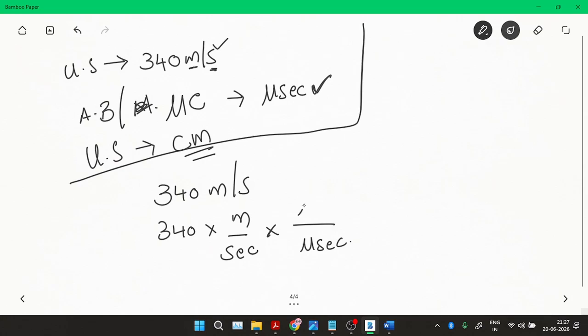So in the numerator I write microsecond, so that this microsecond and this microsecond cancel out. I need the final value in centimeters, so the same thing, centimeters divided by centimeters, so the equation remains the same and there is no cancellation. Now I am going to convert this seconds and this meters in terms of centimeters so that I can cancel them out. Let us write this again.